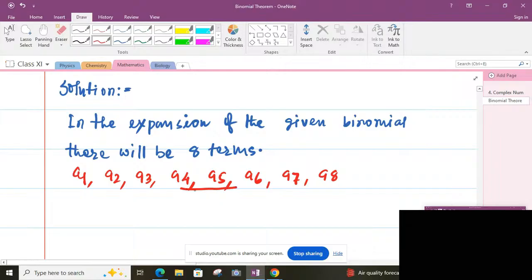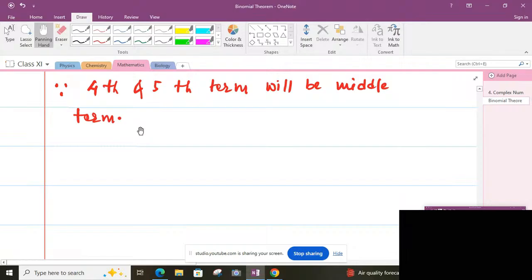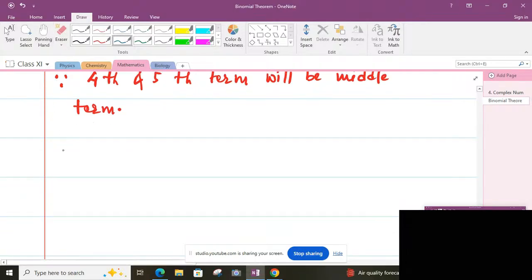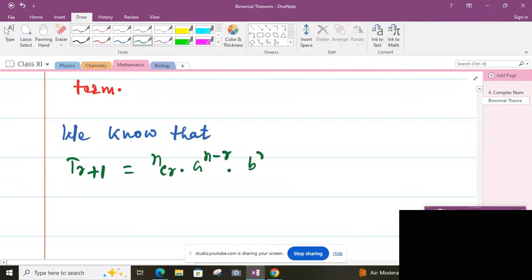So A4 and A5, meaning the fourth and fifth terms, will be the middle terms. So we write down here, we know that T r plus 1 equals nCr into a to the power n minus r into b to the power r.